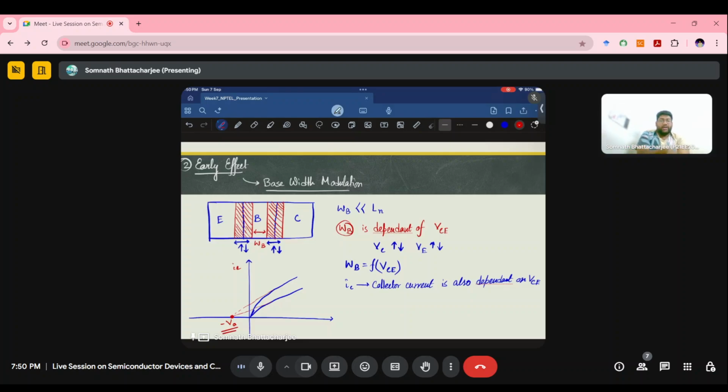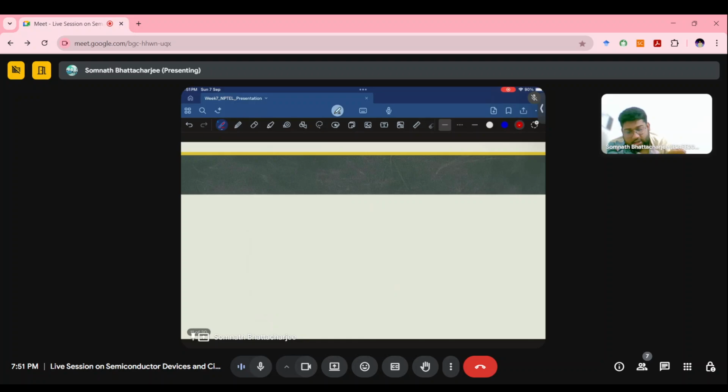This voltage is the basic intersection point of these output currents, and this is called the early voltage, and that's why the effect is called the early effect. Since the effective base width is getting changed, this is also called the base width modulation non-ideality, or the early effect, from which the early voltage comes in. So this is the second non-ideality.